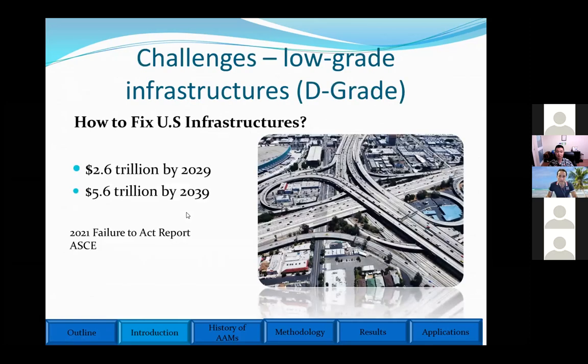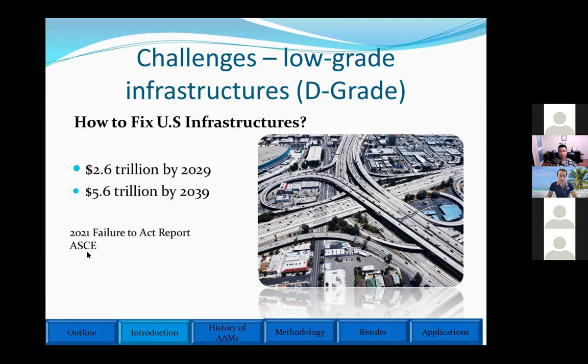Challenge: our infrastructure in the United States is old. According to ASCE, the American Society of Civil Engineers, since 1998 the infrastructure grade has been a C-minus or D grade, which means that we've done almost nothing for repairing our infrastructure.